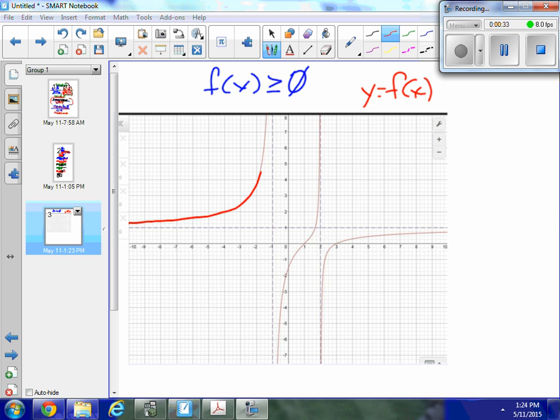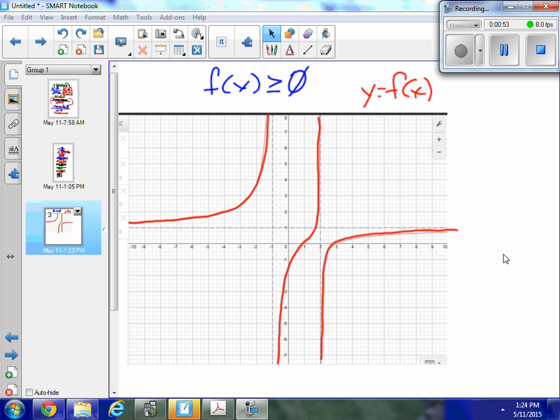So this is the graph of f of x. I'm just highlighting it right here so that you can see it. Here's our graph of f of x. One of the things that we know about all functions is that, well, let's just take another step here.